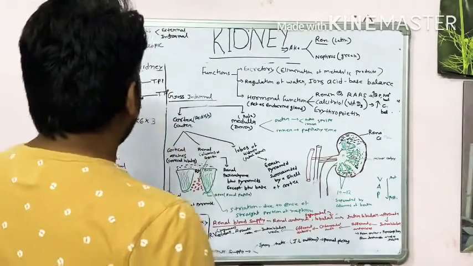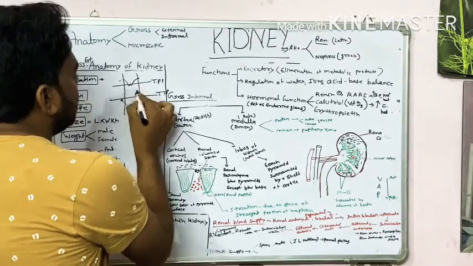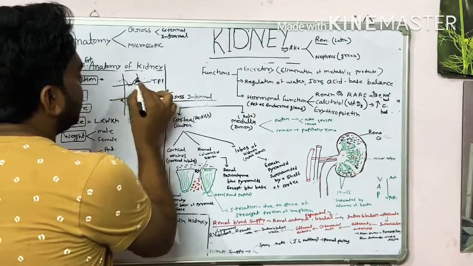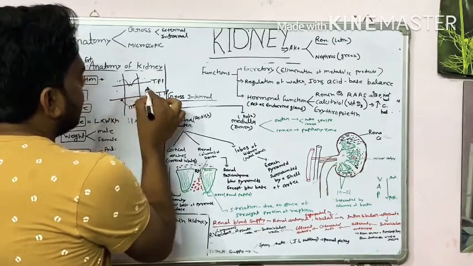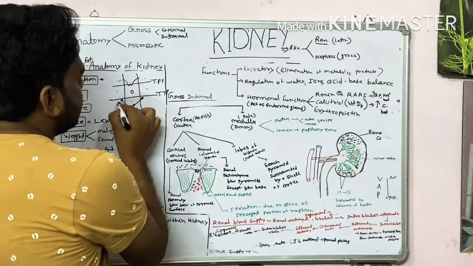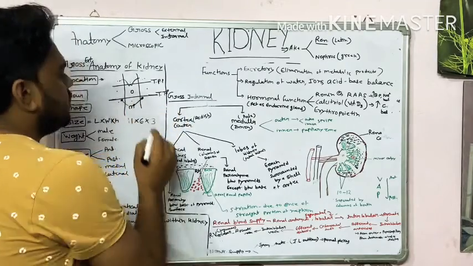This is the epigastrium region, the hypogastrium, right and left hypochondrium, right and left lumbar, the umbilical region, and then the iliac part.